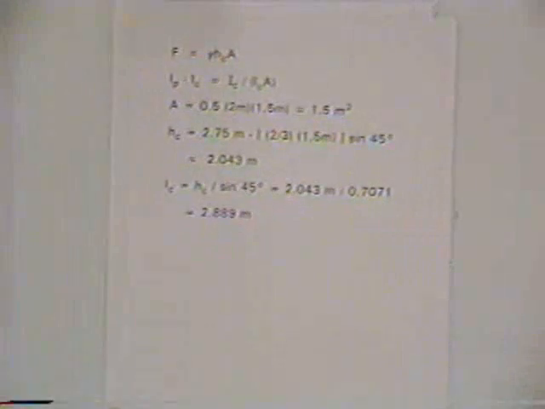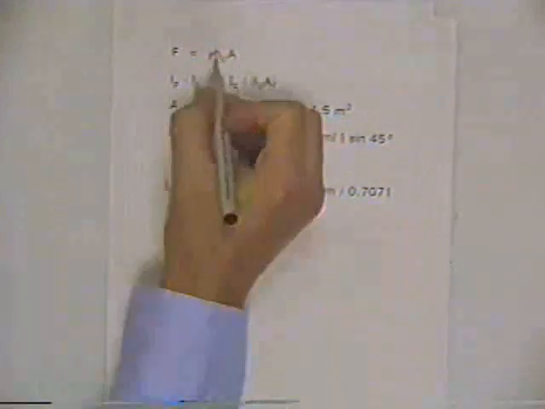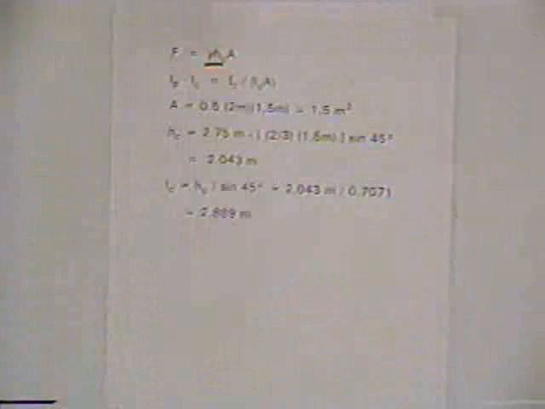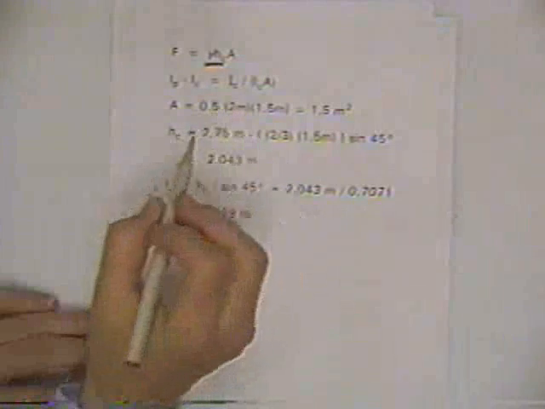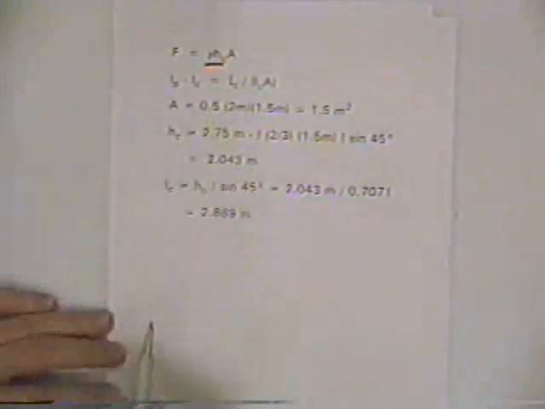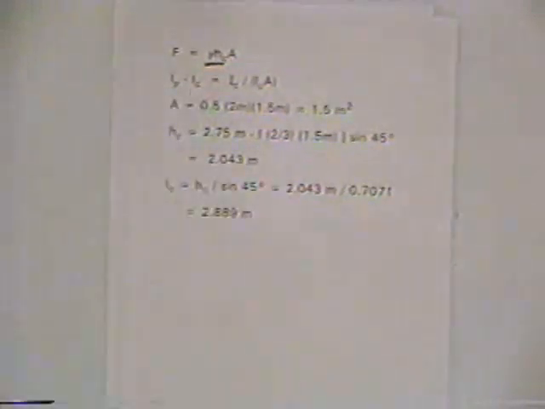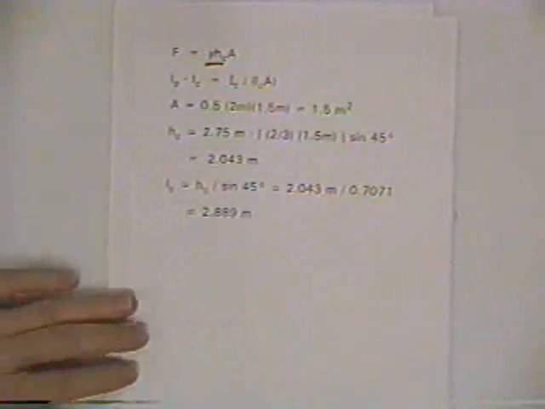Now, basic equation: force is pressure times A, and pressure is the unit weight times the head measured from the surface. That's a vertical measurement from the water surface to the center of area of the plate upon which the force is being exerted by the water. And then we need to locate the force, and we'll use this equation to locate it.